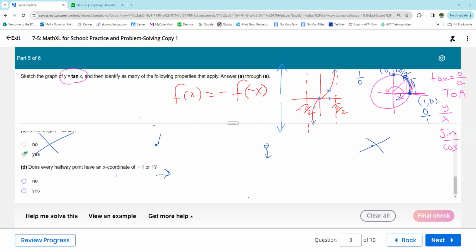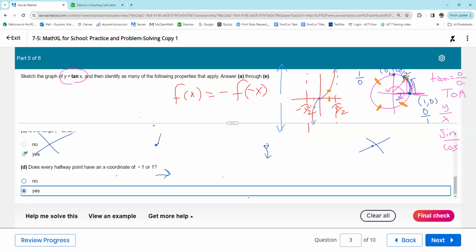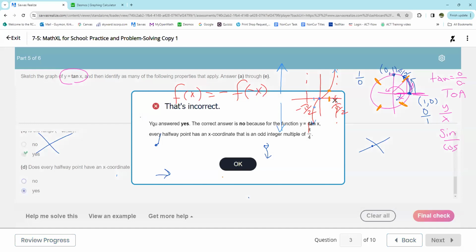A halfway point is like your 45 degrees, pi over 4, where the x and y are square root of 2 over 2, so the ratio is always going to be a 1 or a -1. So yes, those halfway points would always be at 1 or -1.